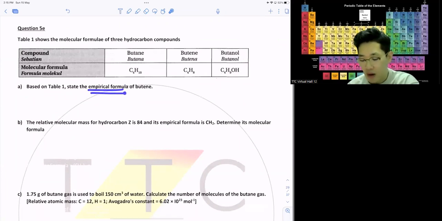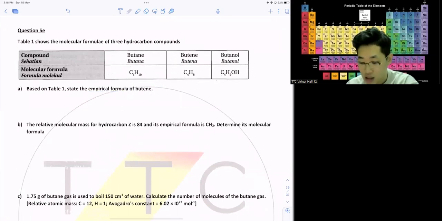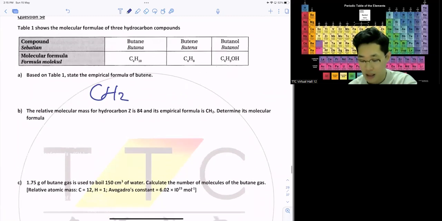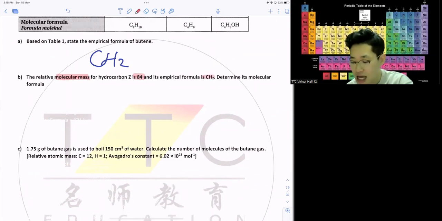State the empirical formula of butane. Butane is C4H8, so the empirical formula will be CH2. And then here is the important part. The molecular mass is 84. And the empirical formula is CH2.